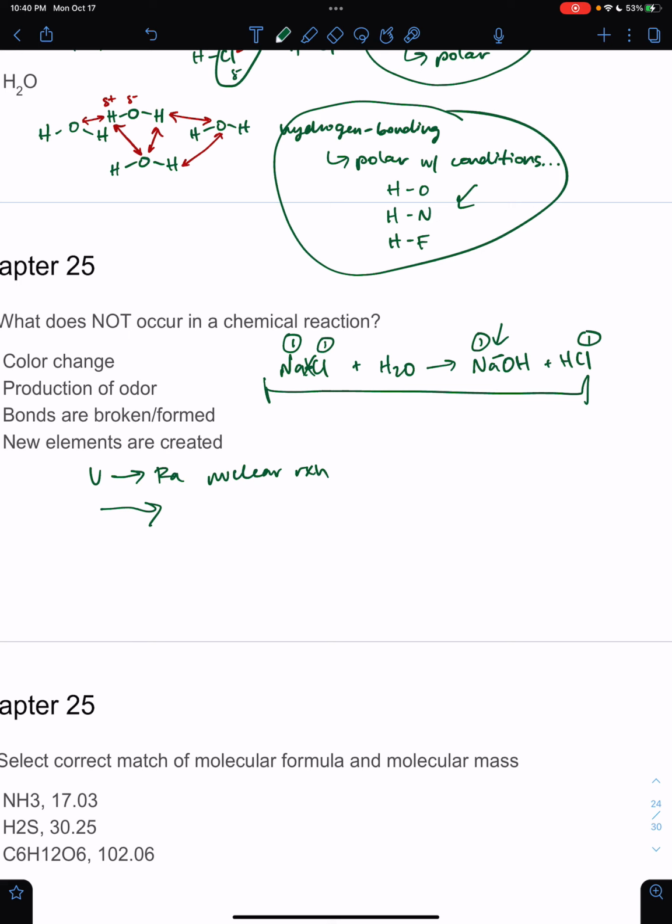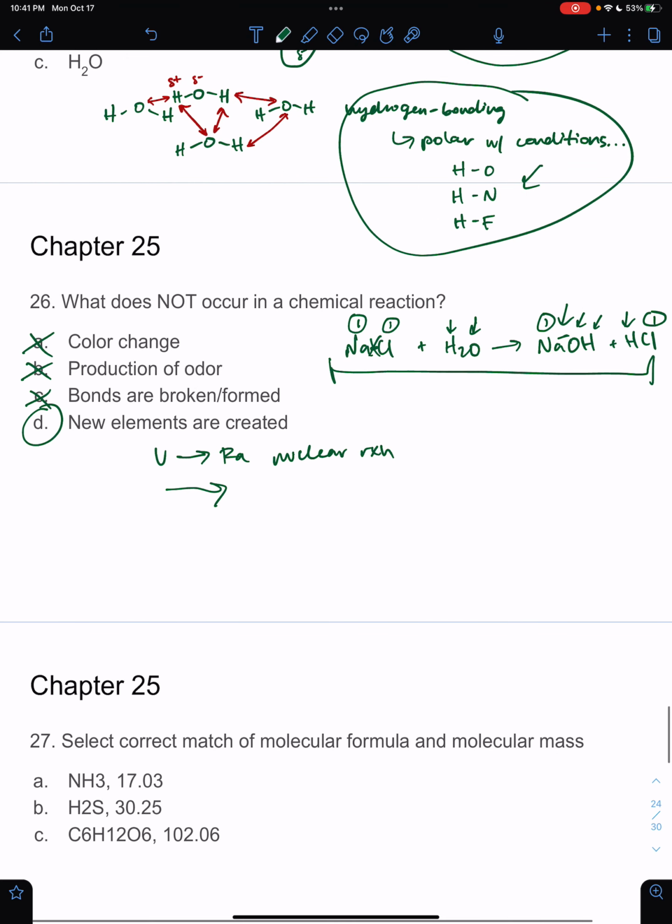You would have to balance the equation, but there's oxygens, hydrogens. But you can see there's no new elements that were formed, no new atoms. It's all balanced on both sides. So a nuclear reaction creates new elements, like this one to this one.